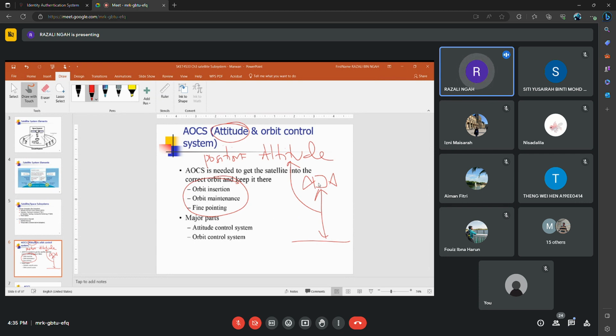Once the satellite is in place in operation, we have two tasks: orbit maintenance and fine pointing. The orbit insertion is the early stage.